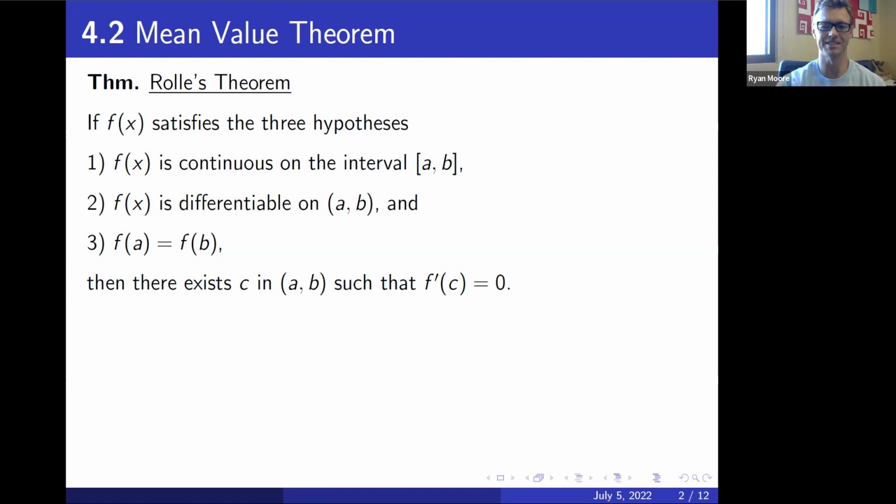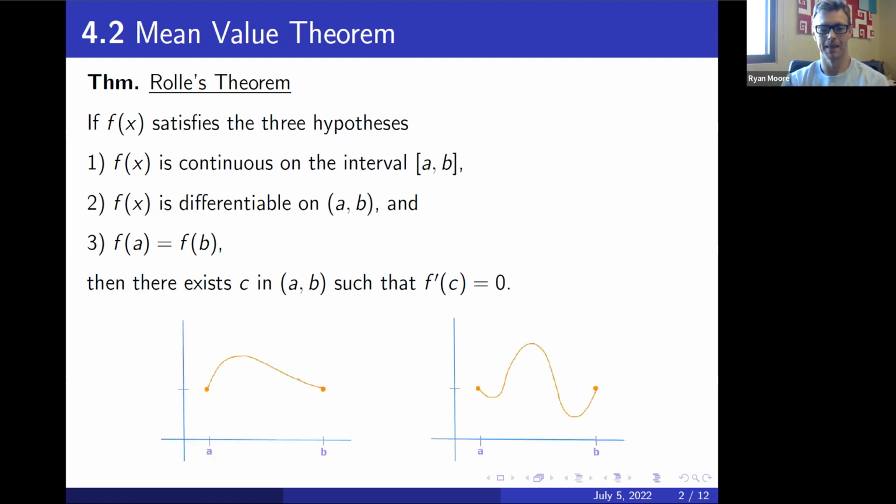Okay, so let's get some drawings. We'll look at the first one, a little bit simpler. There we have the one on the left. We have this function, and we're only looking at it from a to b. It's continuous, it's differentiable, there's no cusp or anything, and the y values are equal.